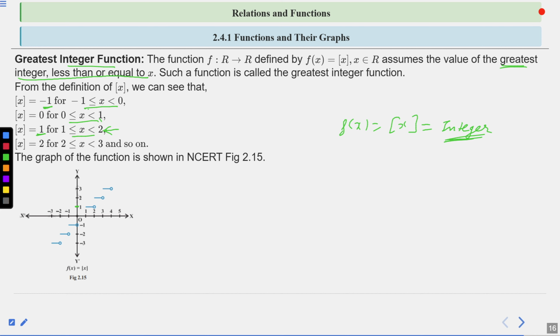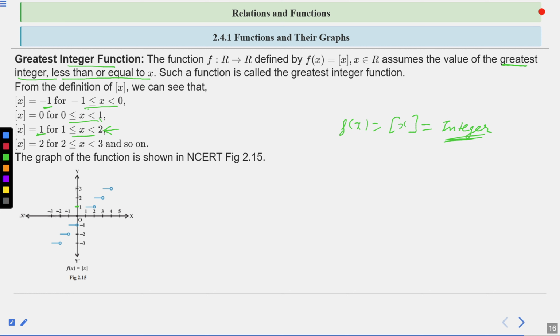Then that integer must be greatest. Okay, we want our integer to be greatest. Greatest of what? Greatest among what numbers? Greatest among the numbers less than or equal to x.